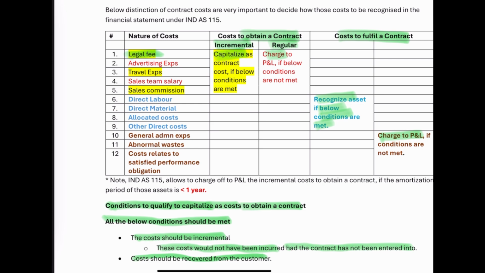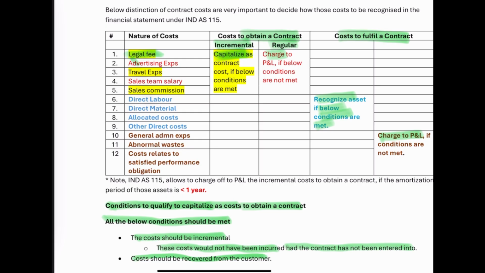If legal fees are incurred for the specific contract, and these legal fees would not be required if the contract is not entered into, then it can be capitalized. But if these legal fees are routine in nature, and even if the contract is not entered into these legal fees will continue to be incurred, then in that case it should be charged to the P&L account.